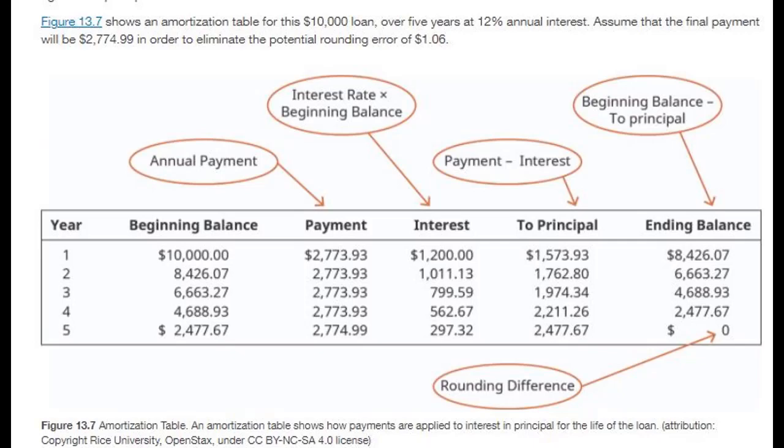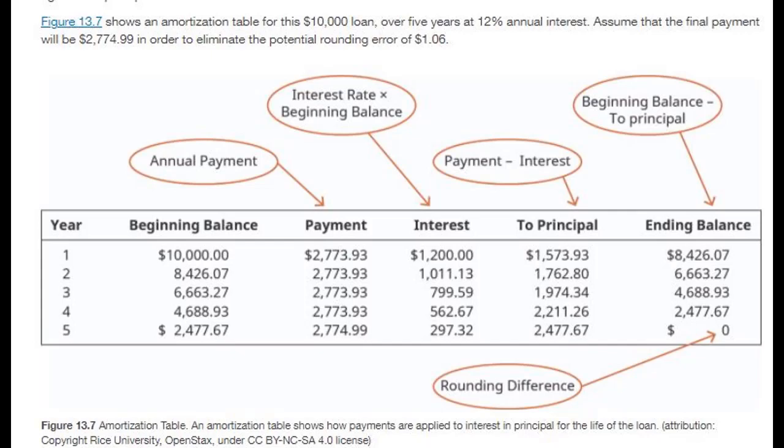So if we began the year owing $10,000, and if out of our total payment $1,573 is being used to pay down the amount that we owe, then the amount that we owe at the end of the year, the ending balance, is $10,000 minus $1,573, or $8,426.